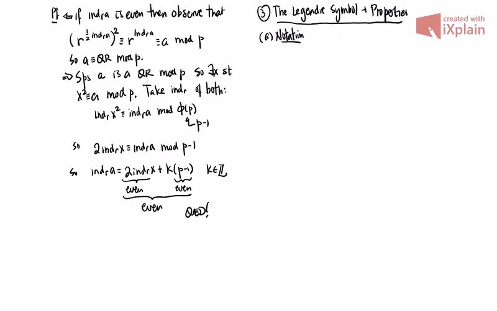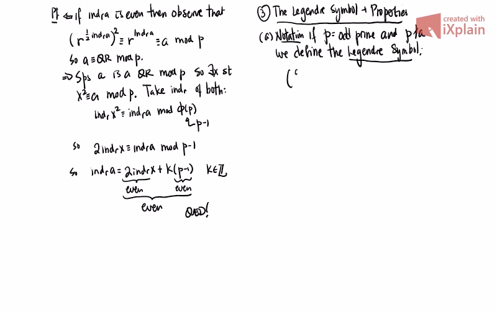So we'll say P is an odd prime, and P does not divide A, an integer. So we define the Legendre symbol. The symbol is parentheses A over P. Before I give you the definition, a couple important things.